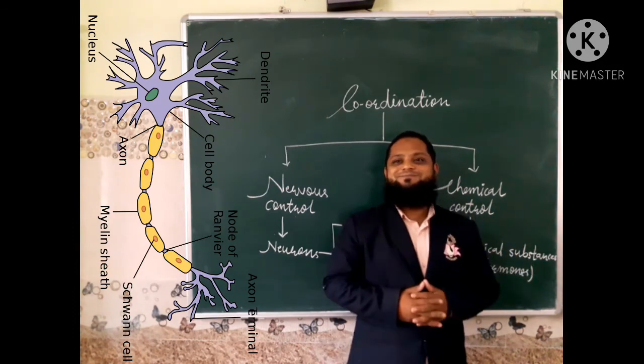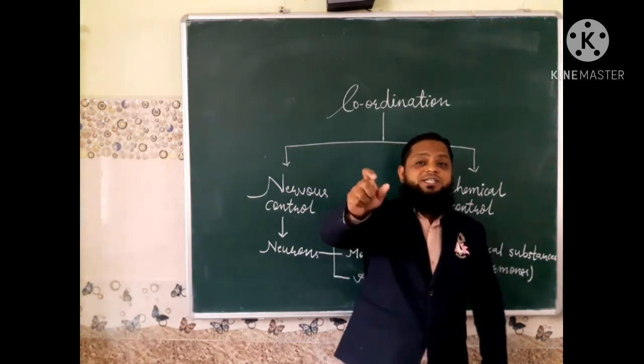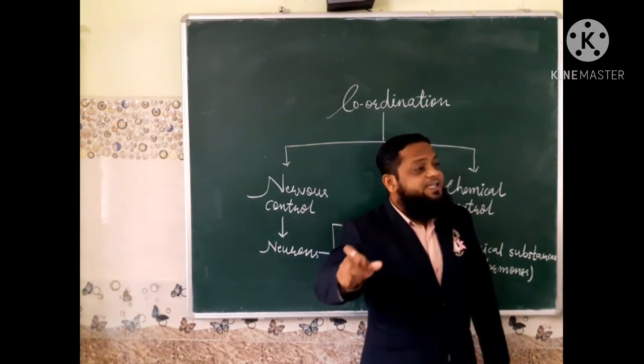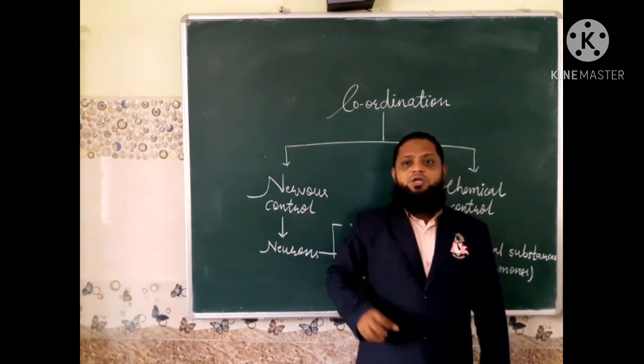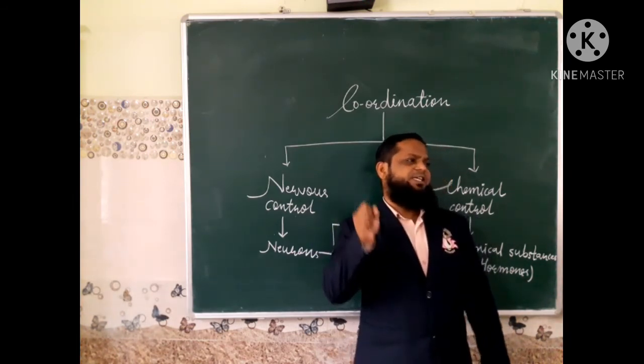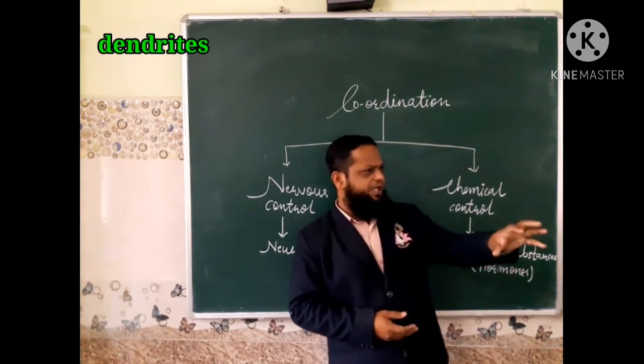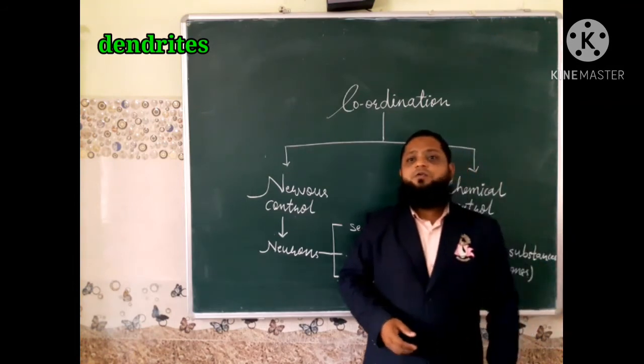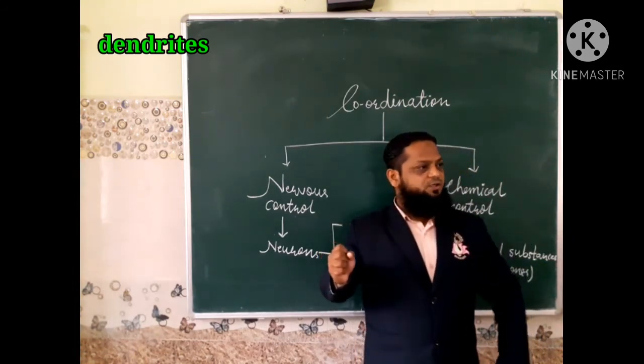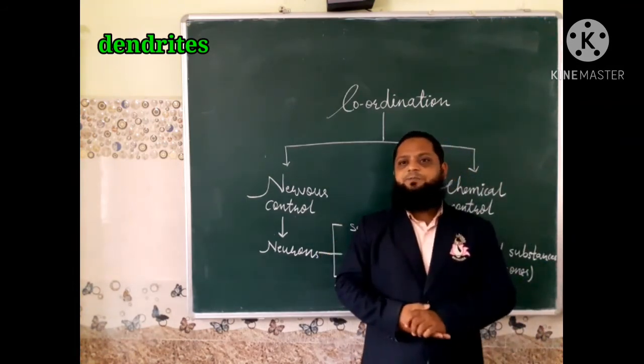What is the function? So, dear children, dendrites are responsible for receiving the signal in the form of impulses. Dendrites are responsible for collecting the information in the form of impulses.